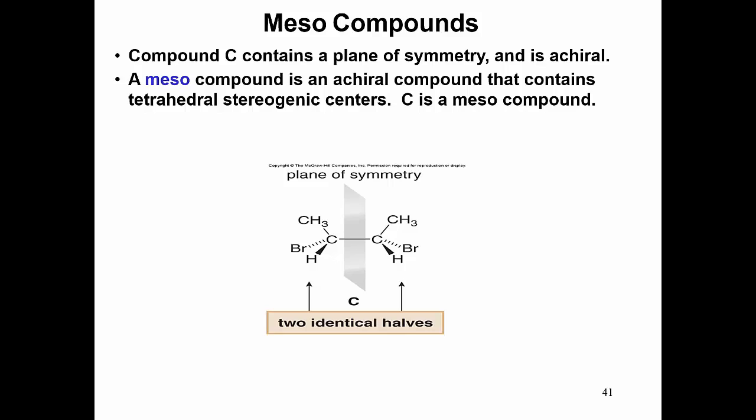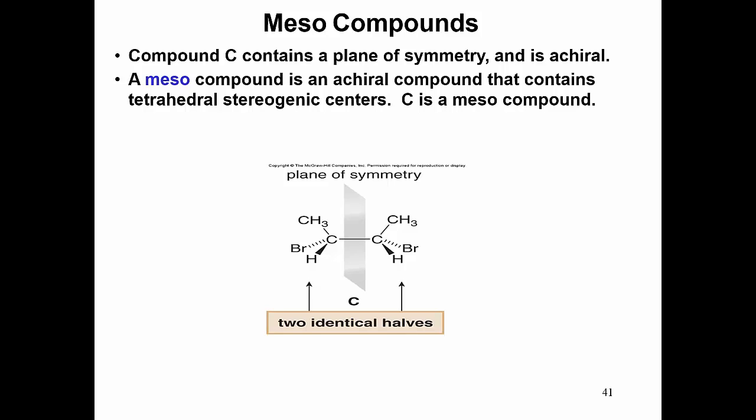A mesocompound is achiral. So a mesocompound, even though it has stereogenic centers, is not chiral, even though it contains what look like stereogenic centers. What are stereogenic centers?